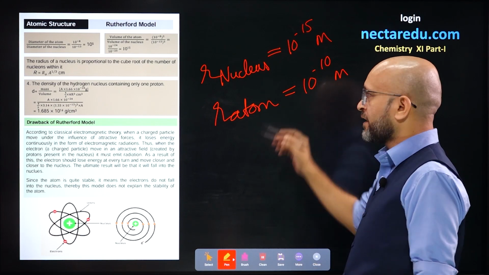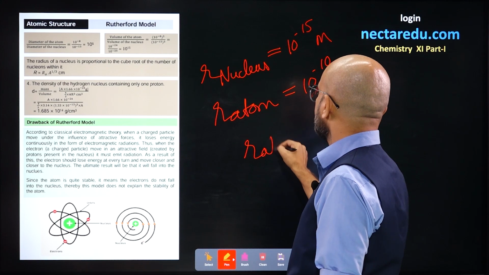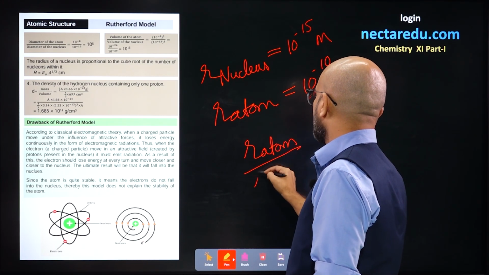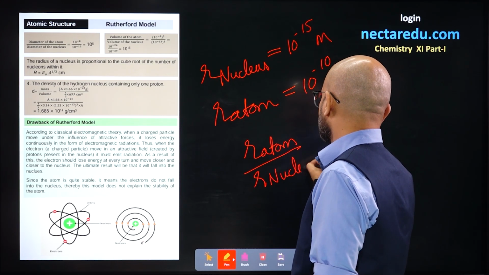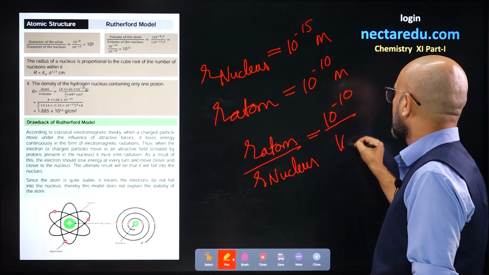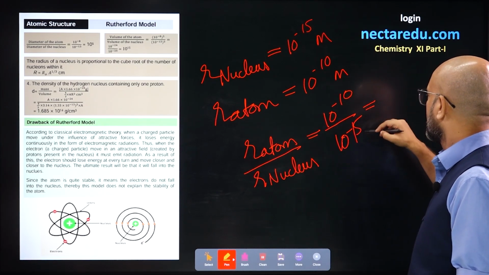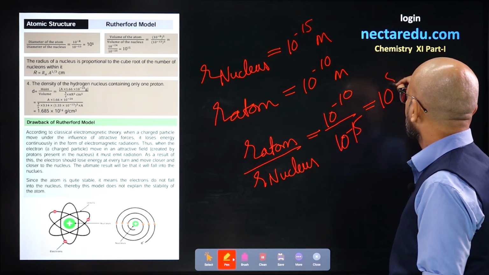All right. If you take the ratio, radius of atom upon radius of nucleus, 10 to the power minus 10 upon 10 to the power minus 15, you get 10 to the power 5.